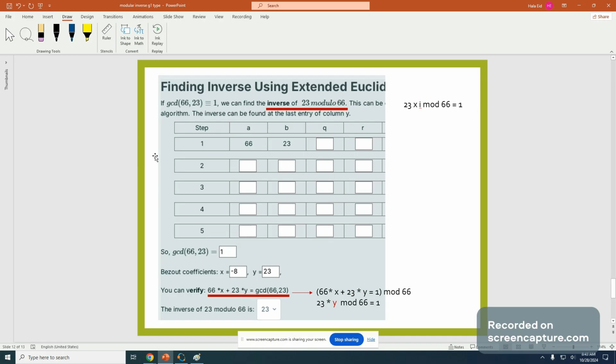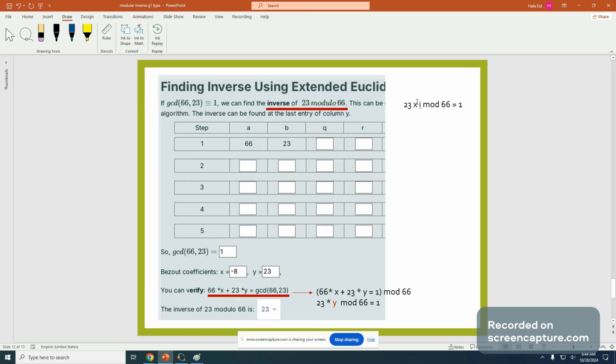And now from this, we want to find the inverse. So how do we get from this step to the inverse I? They want the inverse of 23 mod 66. So going back to the definition, I'm thinking of a number that if I multiply 23 by it and find mod 66, I should get a remainder of 1.